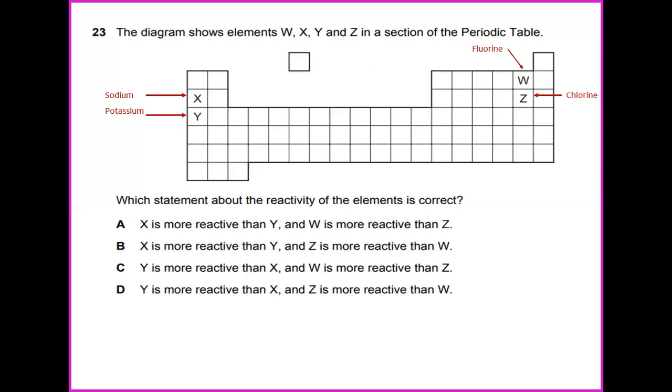So X represents sodium, Y represents potassium, W represents fluorine, and Z represents chlorine. So Y, which is potassium, is more reactive than sodium, and fluorine is more reactive than chlorine.